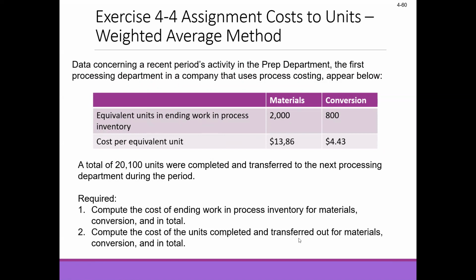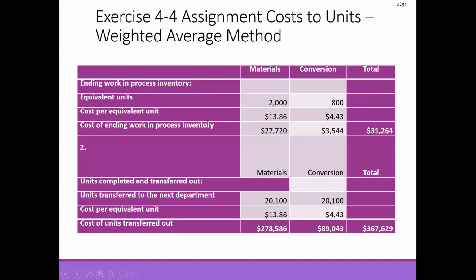So the first thing we're going to do, compute the cost of ending work in process for materials, conversion, and in total. So we're basically going to take the 2,000 units of materials at our cost per equivalent unit, to give us the 27,720 cost.